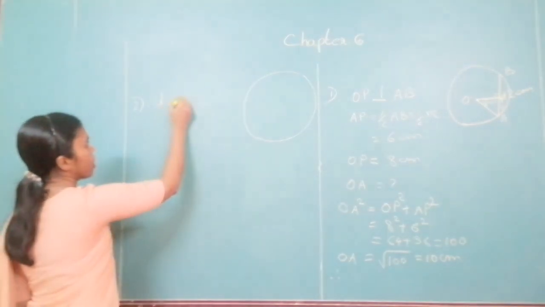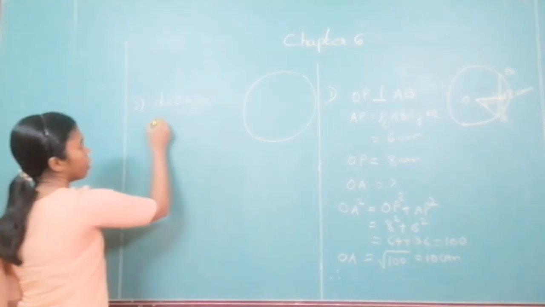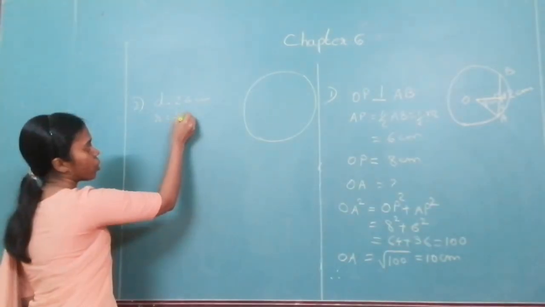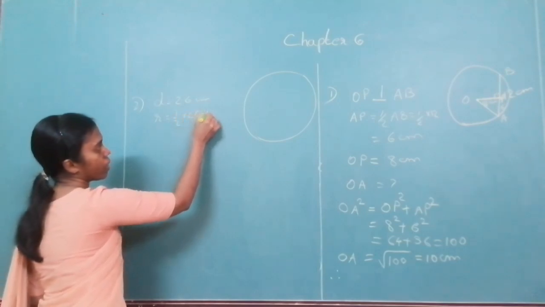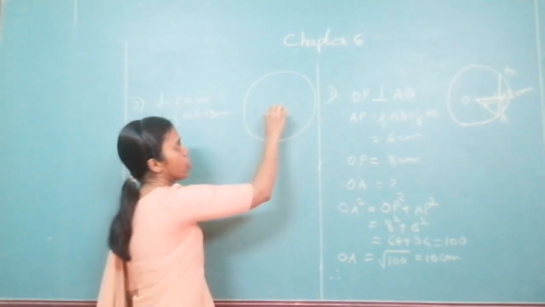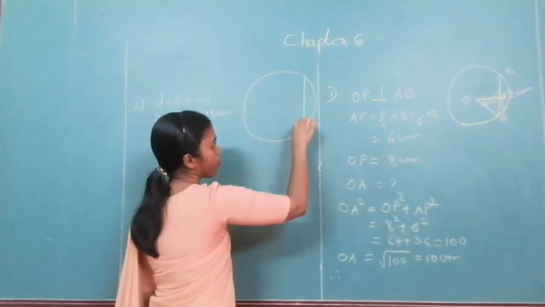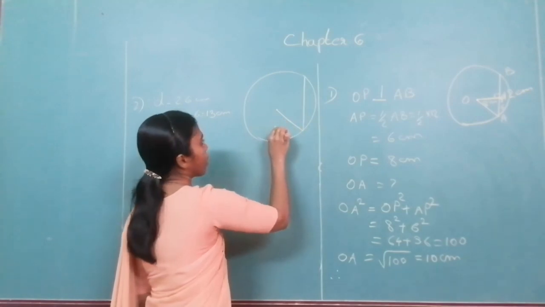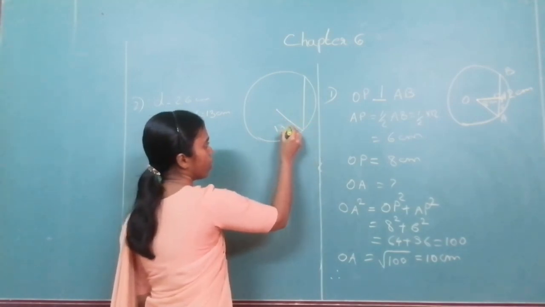Diameter is 26 centimeter. How much will your radius be? Half of 26, that is 13 centimeter, that is the radius. Okay. You have a chord. Okay, this is your radius which you are getting as 13 centimeter.